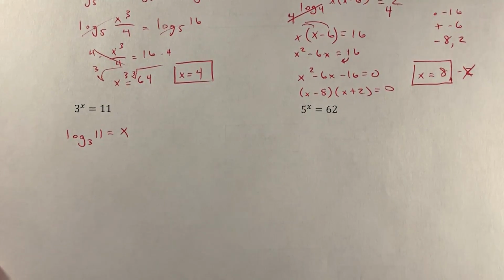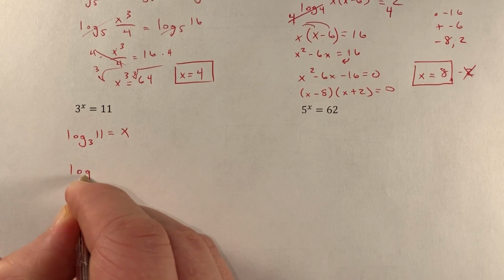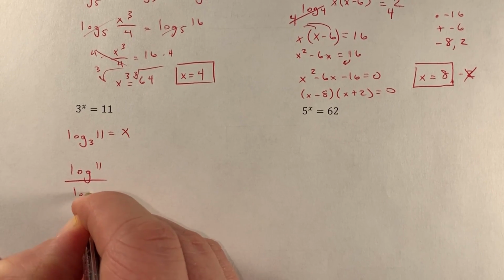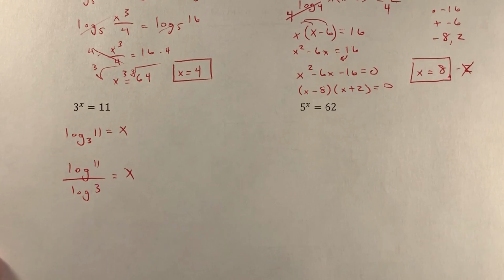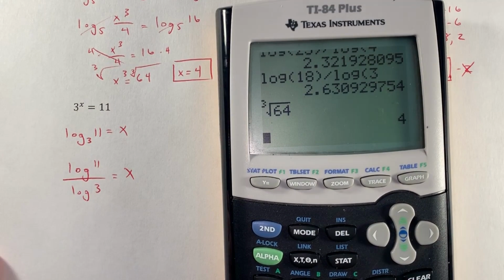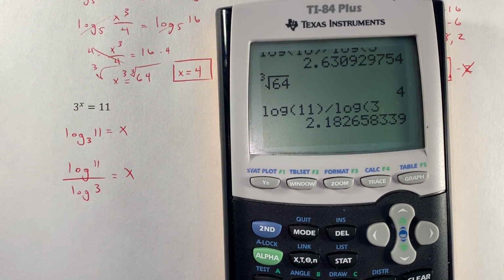That change of base formula is log of the argument divided by log of the base. So log 11 divided by log 3. Okay, so we get 2.1826.